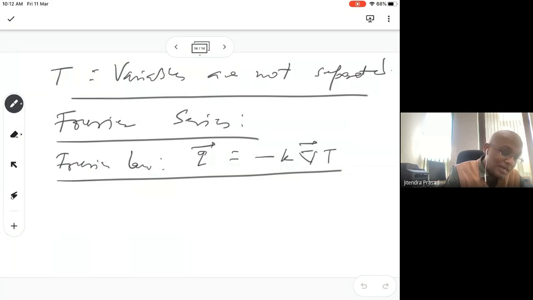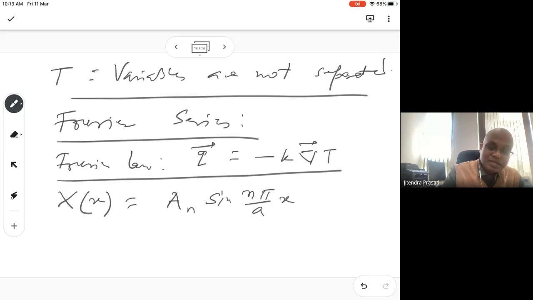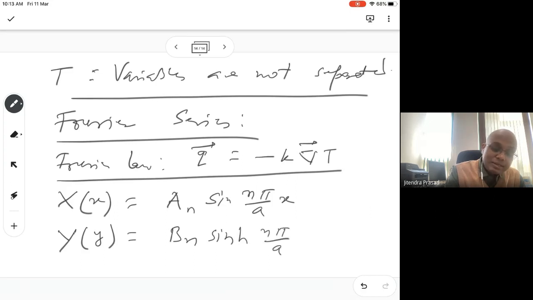So far, one of the solutions is x equal to an sine n pi over a, which is beta, so this is nothing but beta x. And y is equal to bn sine hyperbolic n pi over a y.